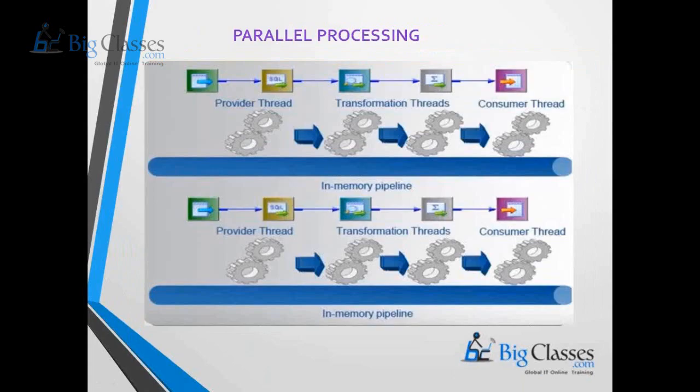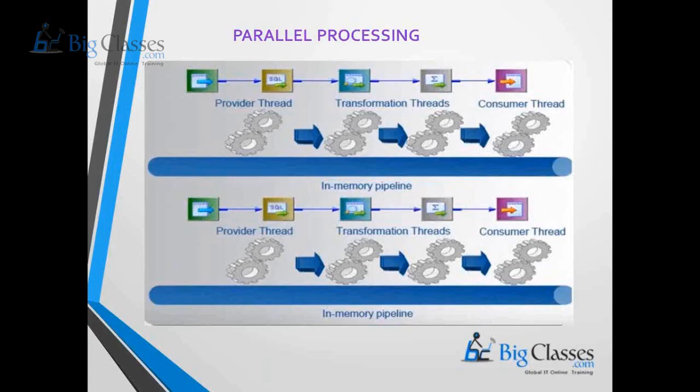Most importantly, Informatica PowerCenter supports parallel processing, which means we can run processes in parallel. Whenever you run the ETL process, the integration service which runs it creates three important threads: a reader thread, a transformation thread and a writer thread.